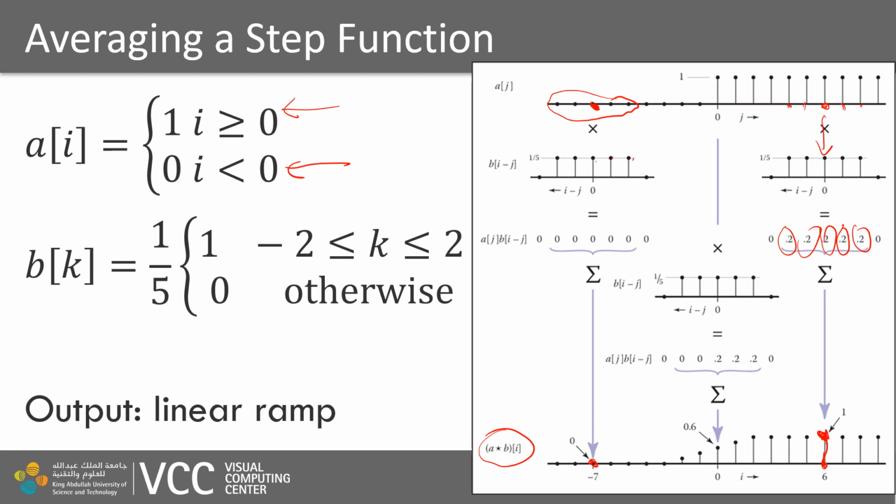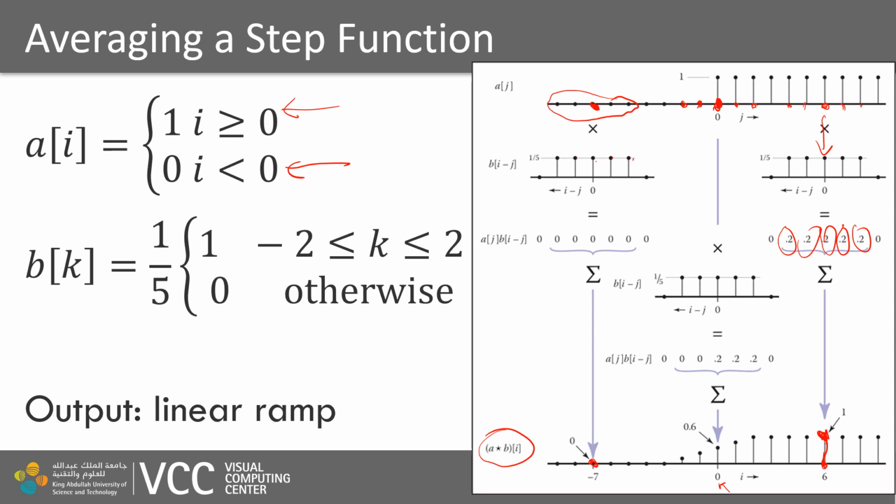What will be the filtering there? The filtering there, i equals 0, will be containing our a0 value, which is 1, a minus 1, which is 0, a minus 2, and as well a1 and a2. What will be, in this case, the result of the convolution?